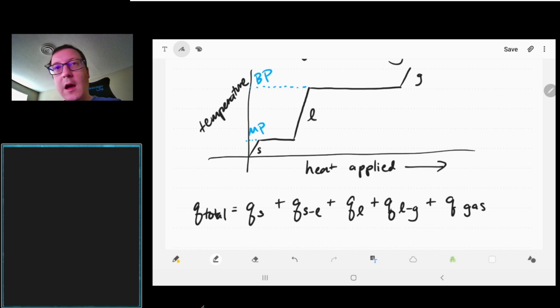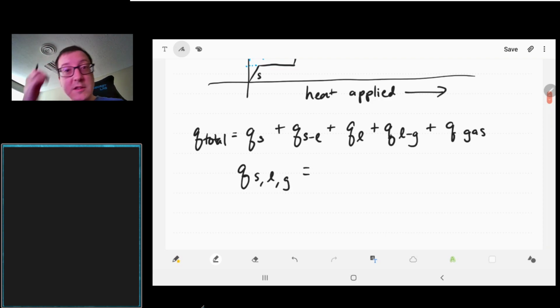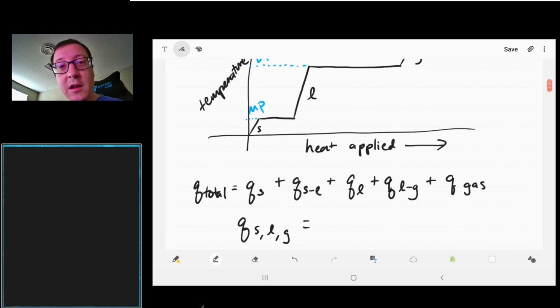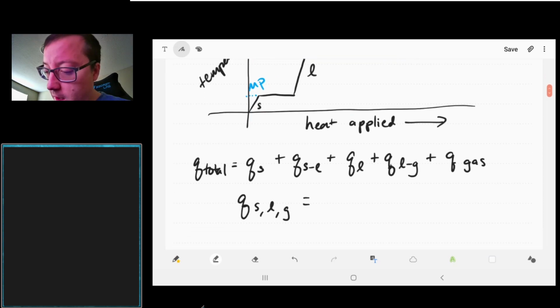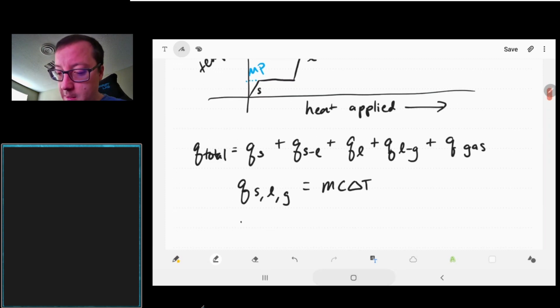And we remember we have two formulas here. For whichever one is just in one phase, remember there's always a temperature change that's happening if you apply heat to something that is just one phase. And so that was just our MCΔT formula.